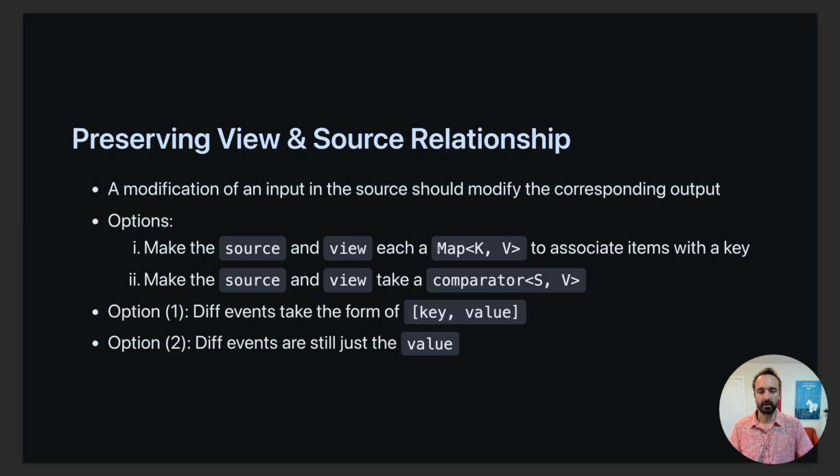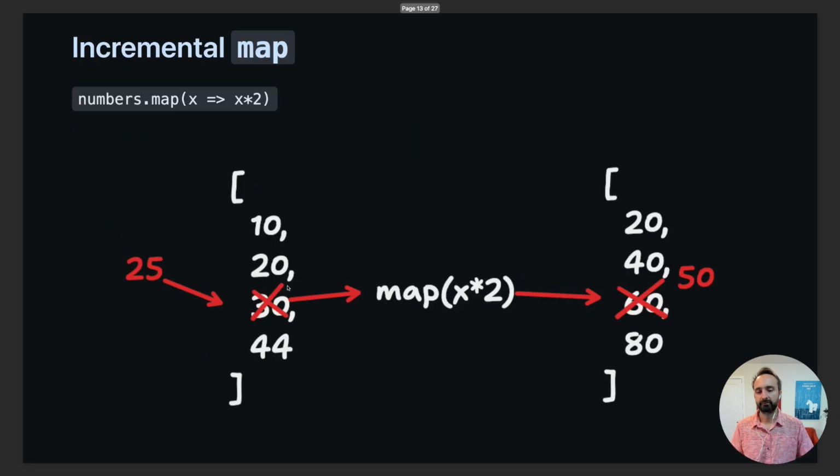You could make sources and views maps of keys and values. The most trivial way is that the key is a UUID and the value is the value. That way, you know, I changed this thing, it's keyed with this ID, so once I get to the view, I know I need to update the thing that has the same ID.